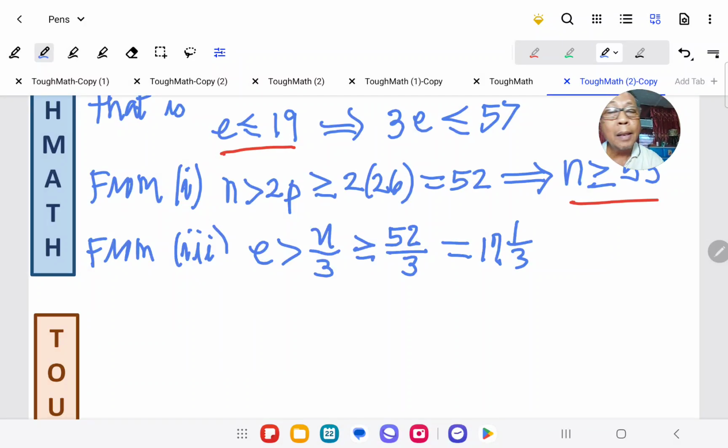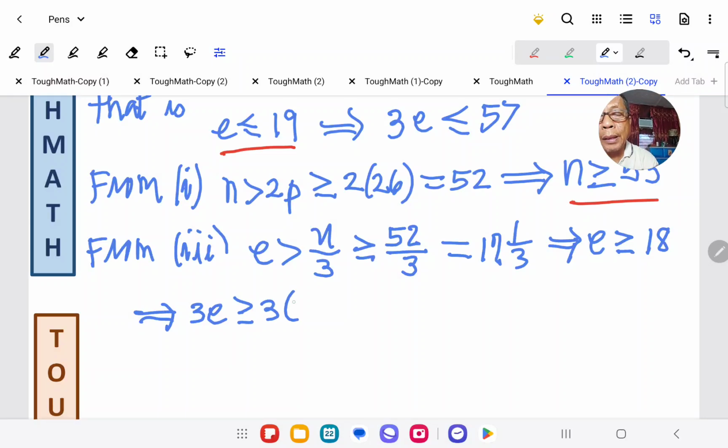Therefore, E is greater than or equal to 18. Now, 3E is greater than 3 times 18, which is equal to 54.